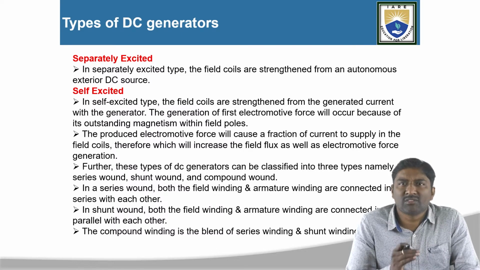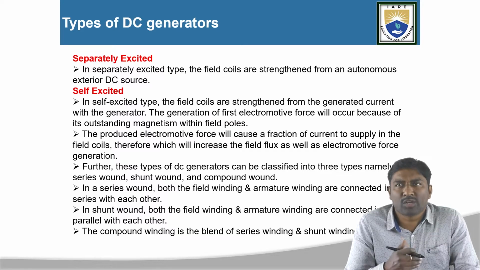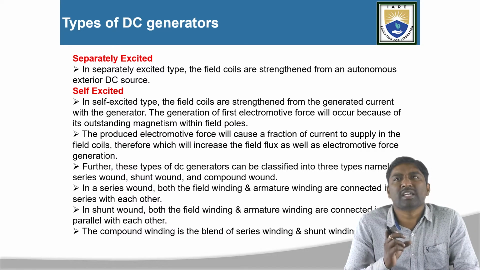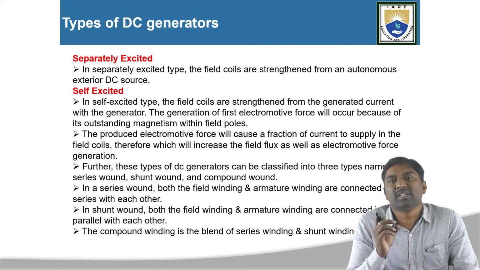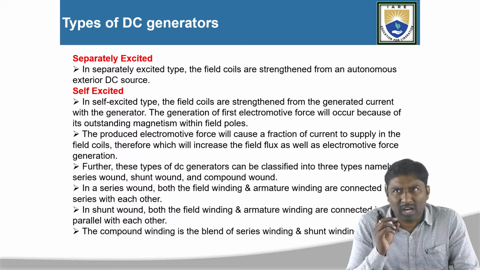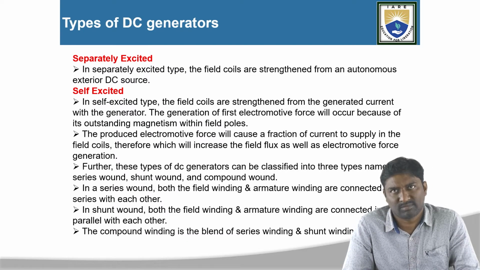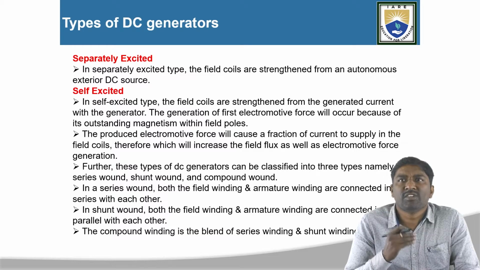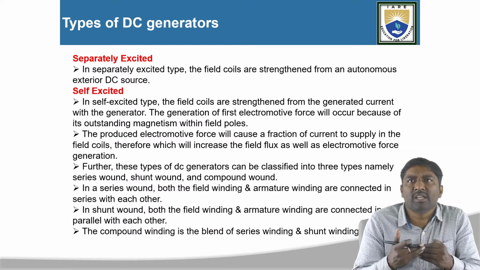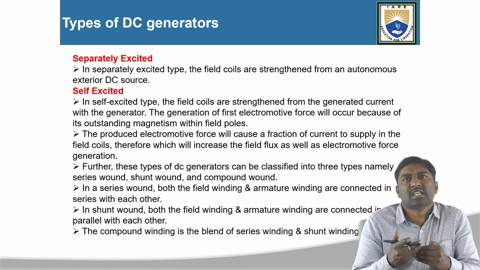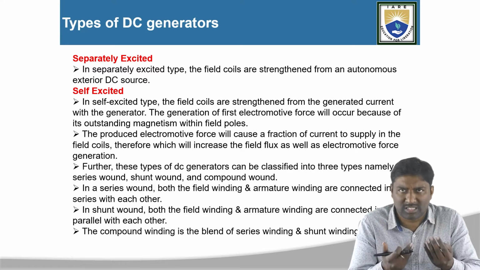In a self-excited DC generator, the produced electromotive force causes a fraction of current, that is, some current only, to be supplied to the field coils. If the field current increases, the field flux increases.